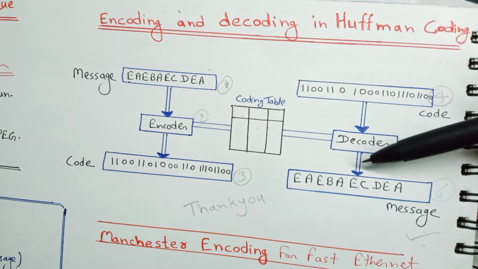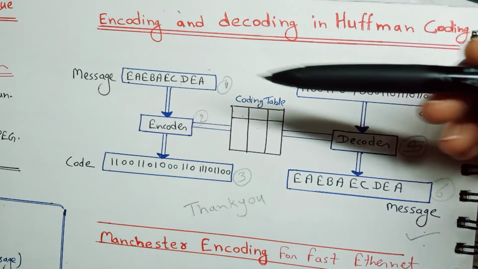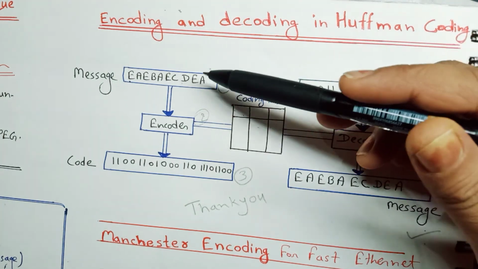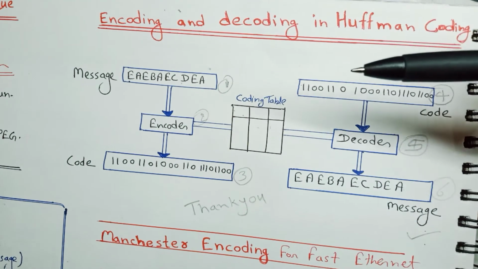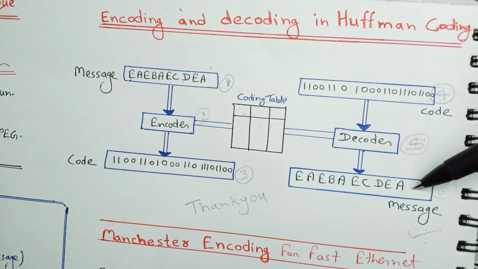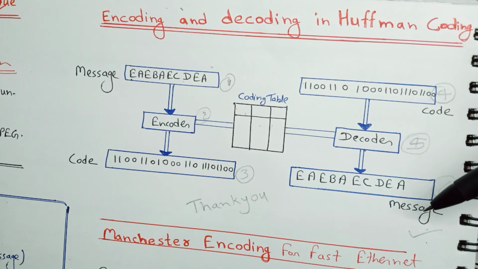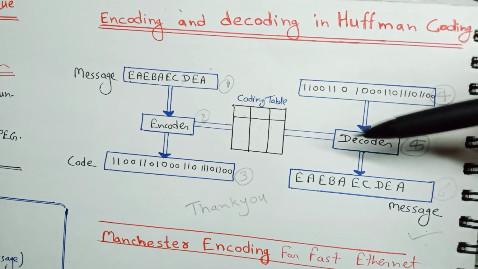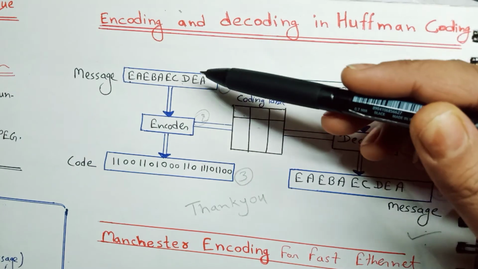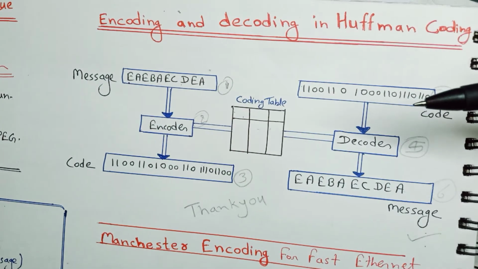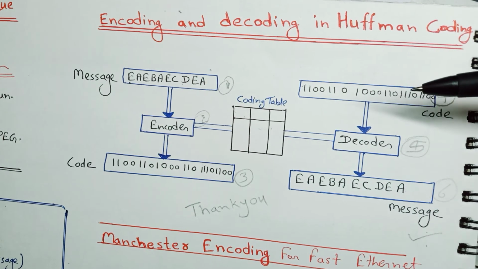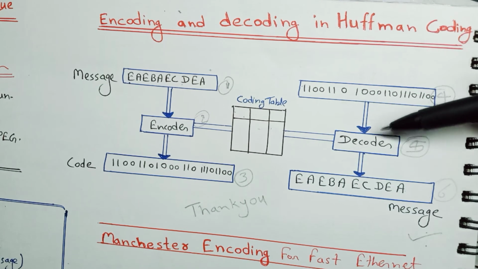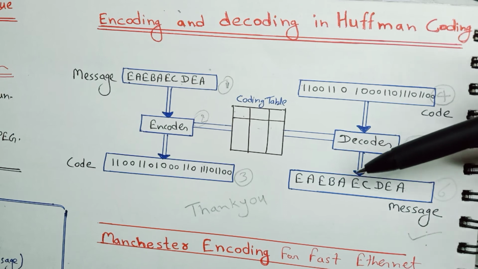After decoding we find the same message we used in high level language. As we send the message, we receive the message in that form, but in between the encoder and decoder are used. The encoder encodes the whole high level language in zeros and ones, and after processing the decoder decodes the zeros and ones back into high level language.